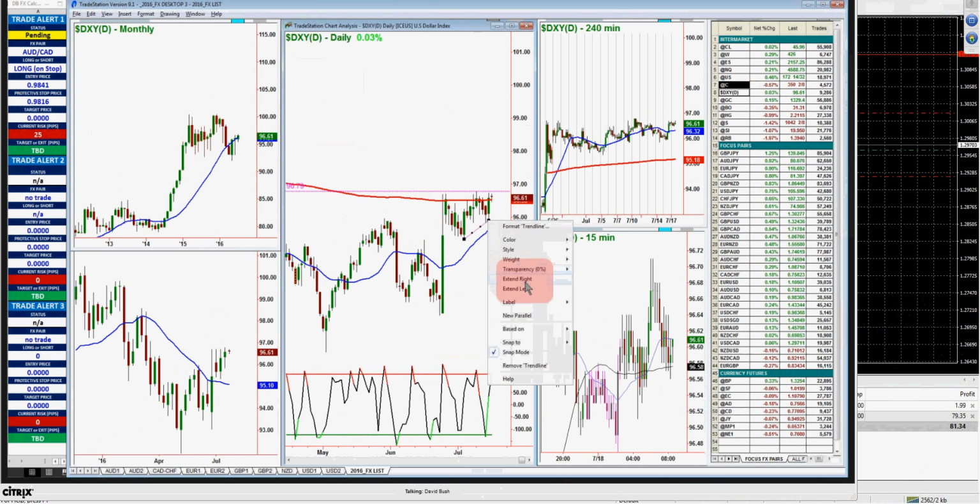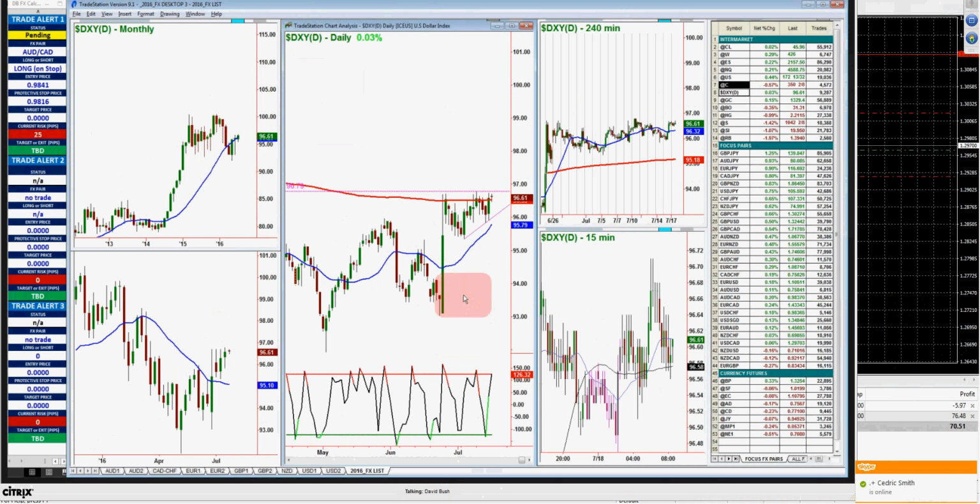Just in basic technical analysis, you've got an ascending triangle forming in the dollar index where you have equal highs or near equal highs, rising lows. These can break any direction. However, it suggests a push higher or a potential breakout eventually to the upside.